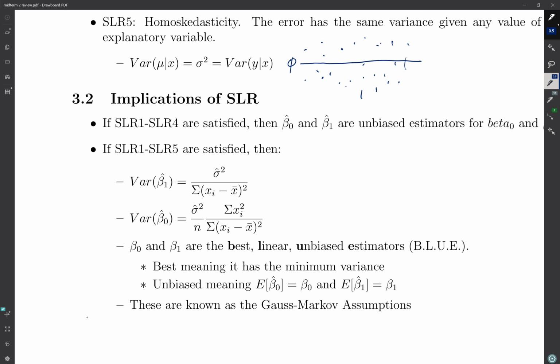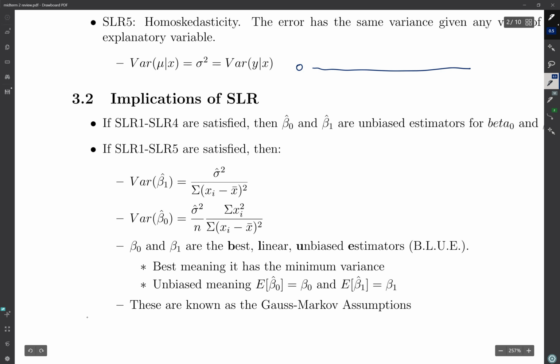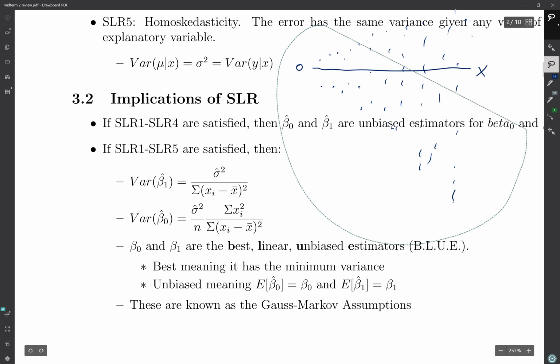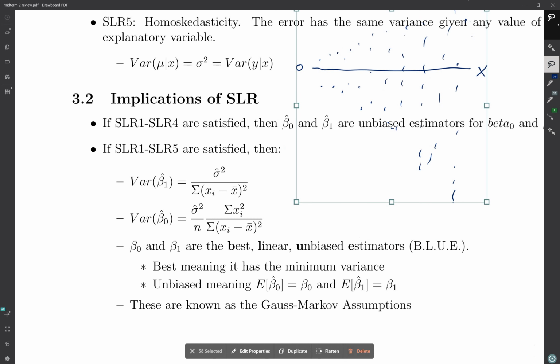But if that wasn't the case, and I graphed residuals, again, they're mathematically based around 0, but what if the variance increased as x increases? So if this is x, it's kind of fanning out or fanning in, or basically it's just different as x changes.